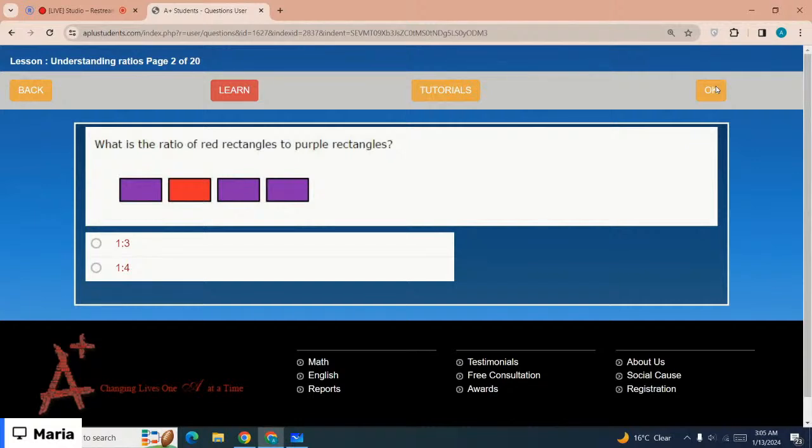You have one red rectangle and three purple rectangles, right? So that is 1:3. The correct option is 1:3. Got it? Option number 1 is the correct option.